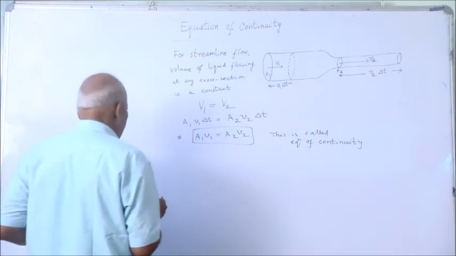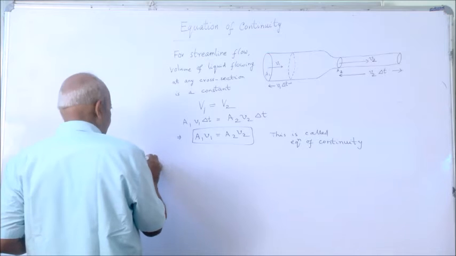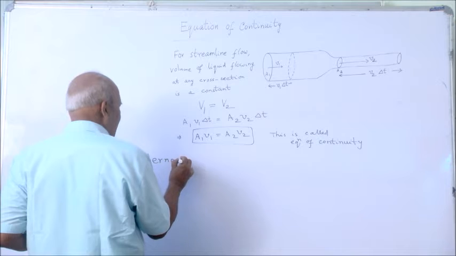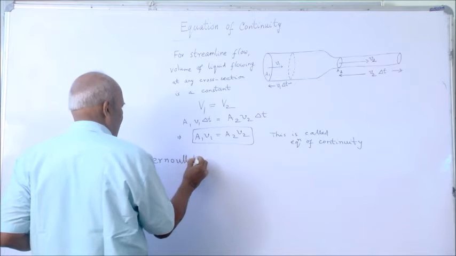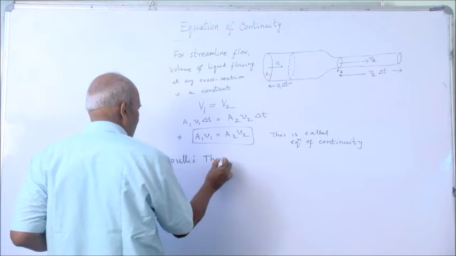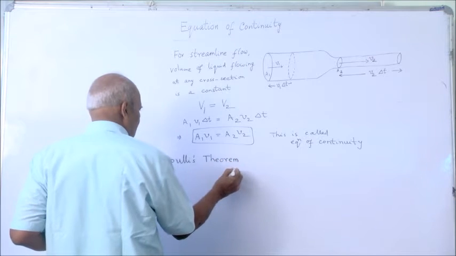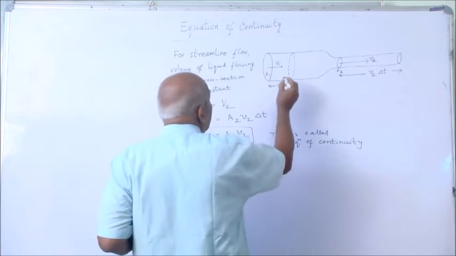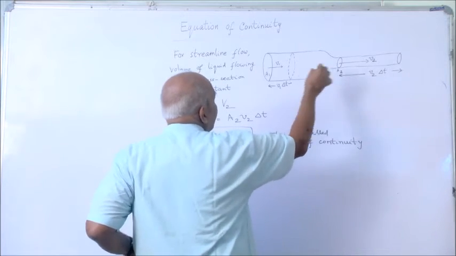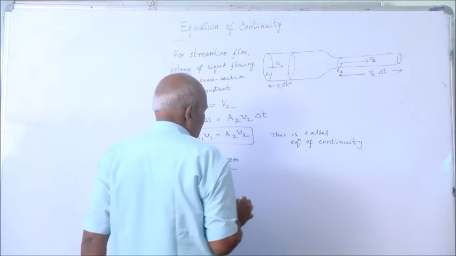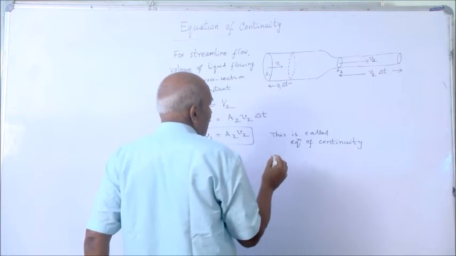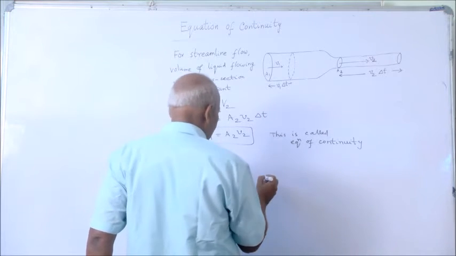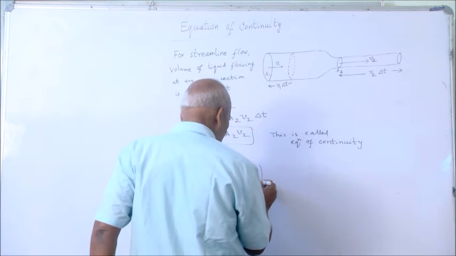It will be of use at many places, like say suppose you want to know Bernoulli's theorem. Here the axis is same for both the tubes, but let us think of a situation where the axis is not same.